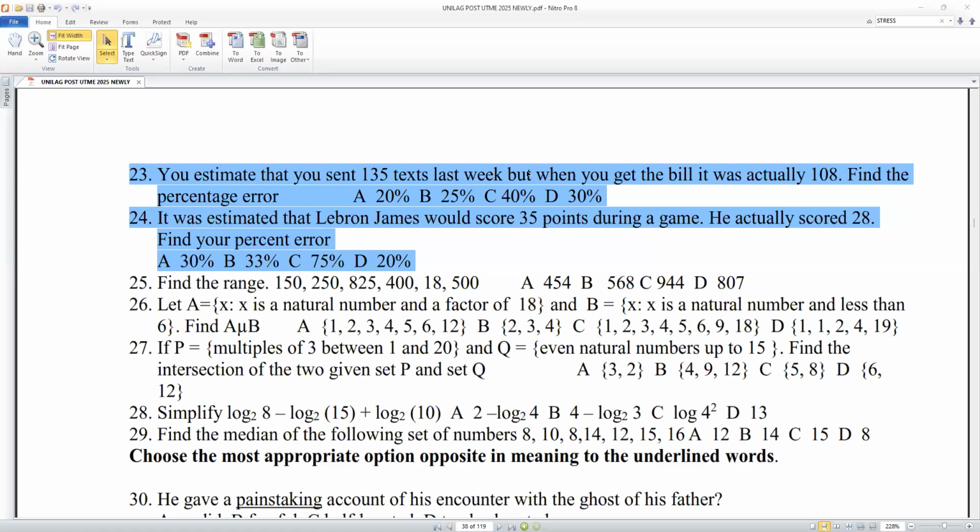My topic for today is very simple. What's the answer? That's 35 minus 28 over 28 times 100, which is 25%. Everybody, do you agree?